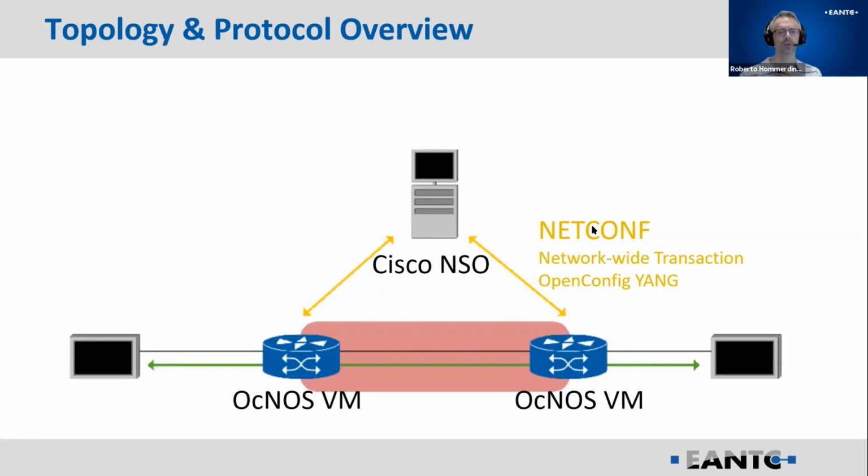This is the demo topology with Cisco NSO as a controller, which sends NETCONF RPCs to the IP Infusion OcNOS device using a management port. In the OcNOS devices, there is a network infrastructure already configured with VPNv4 BGP, LDP, and OSPF.